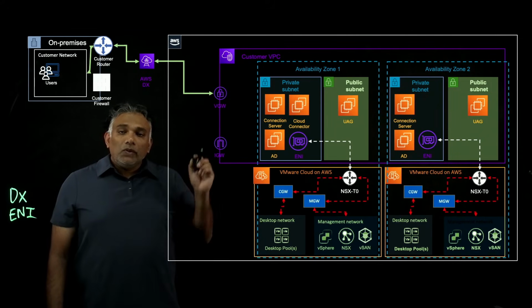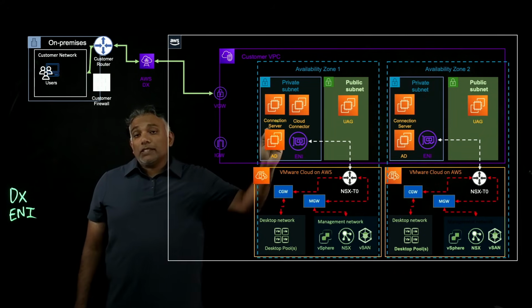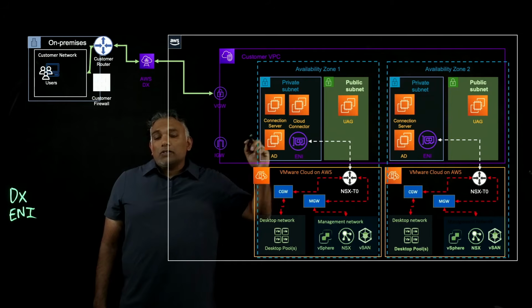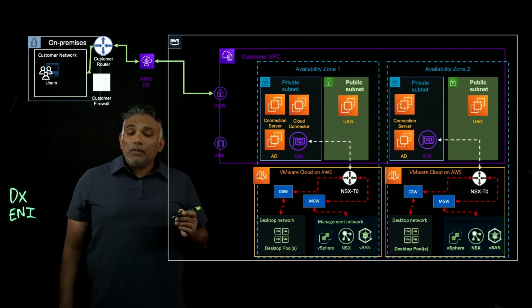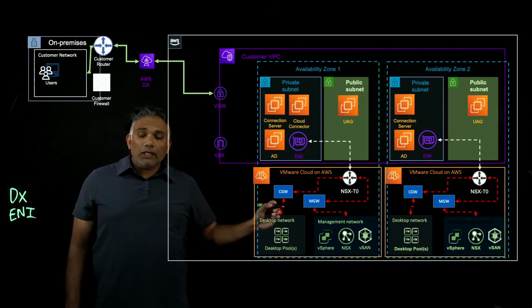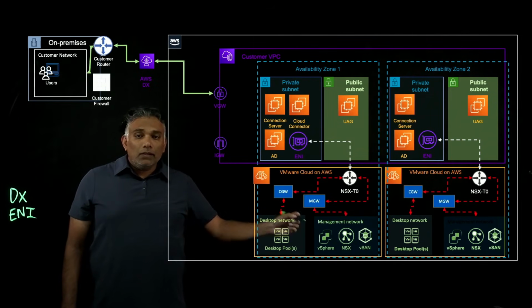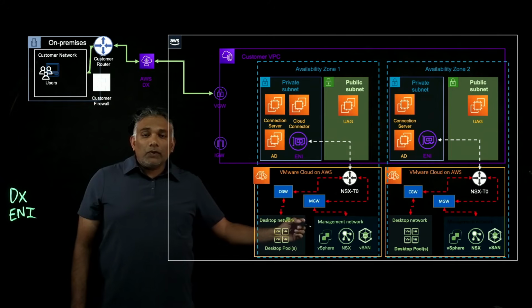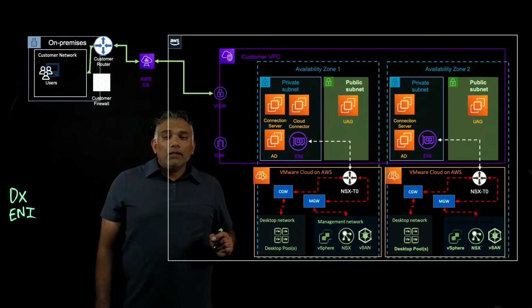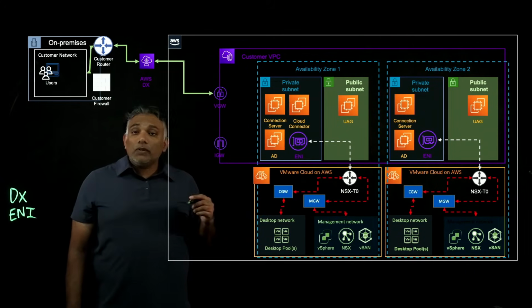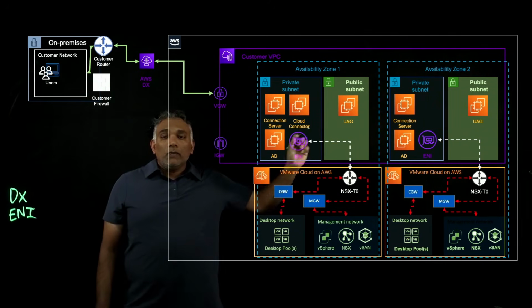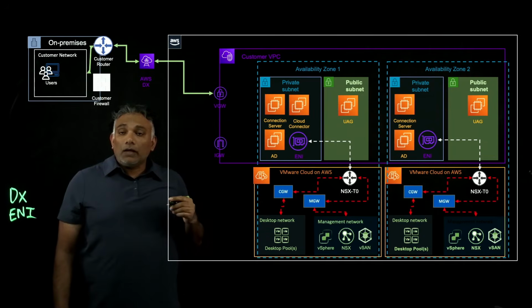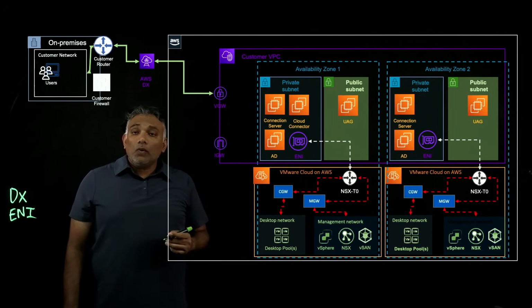Once you have this done, you'll configure your connection servers. You'll set up your licenses, security groups, and even your vCenter, which is over the ENI over a private IP into your VMware Cloud environment. Once you do this, you're able to then connect to your secondary connection server using a load balancer like our Application Load Balancer, or individually as well.